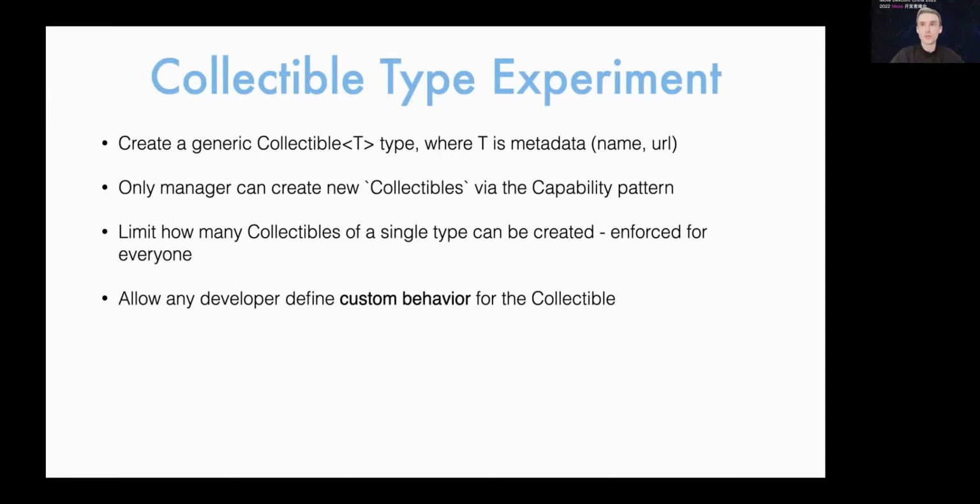On the base level, we will limit how many collectibles of a single type, like of one collection, can be created. For example, if we said that we can only create 100, then we need to force the creator to mint a maximum of 100 NFTs or collectibles.